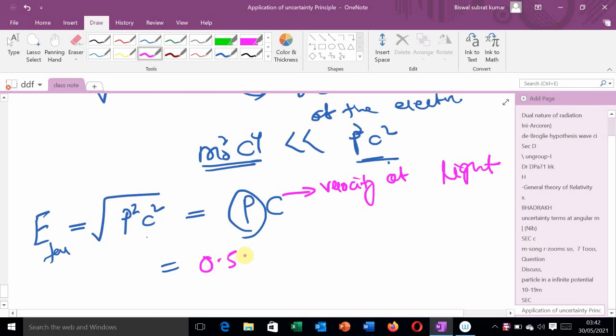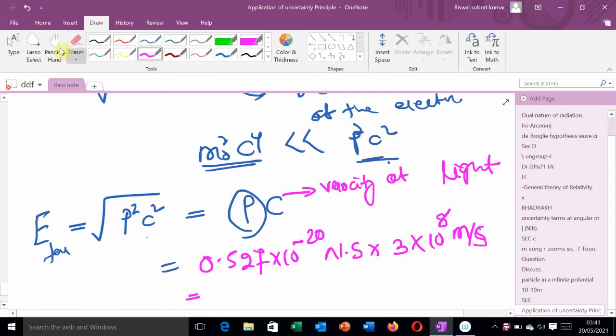P is equal to 0.5227 into 10 to the power minus 21 Newton second, and C is 3 into 10 to the power 8 meter per second.